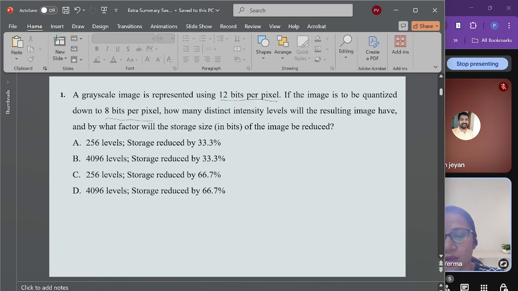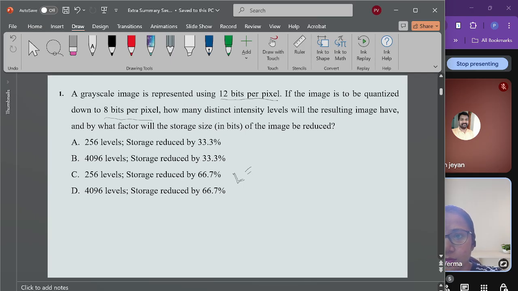What should be the total number of distinct levels? We already know that the total number of distinct levels L is 2 to the power n.